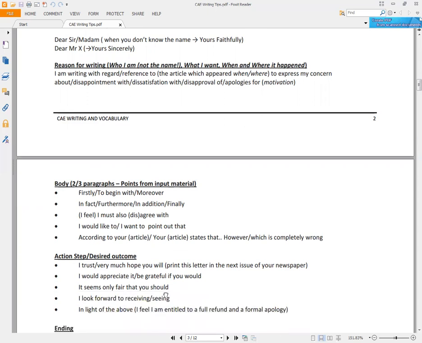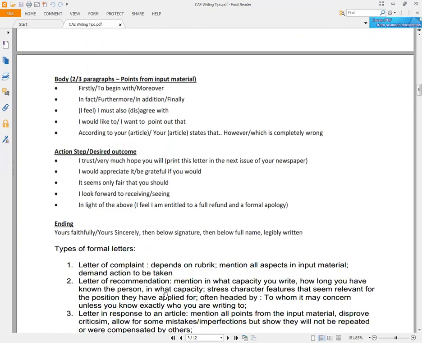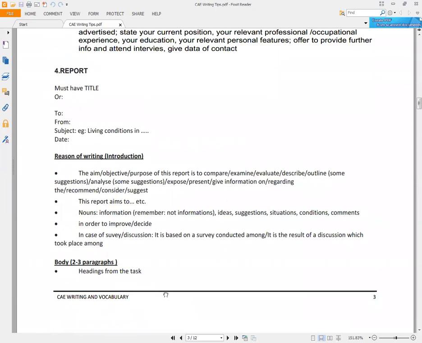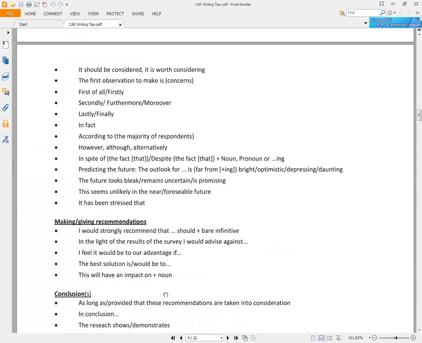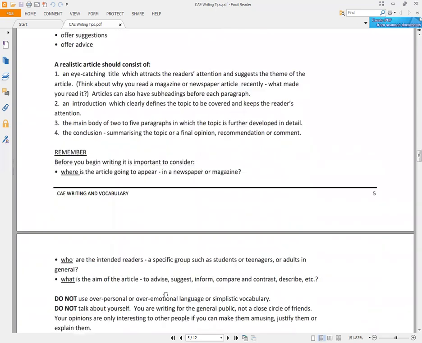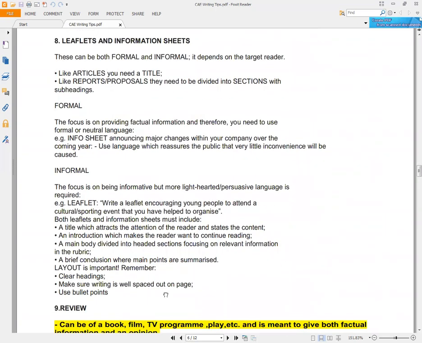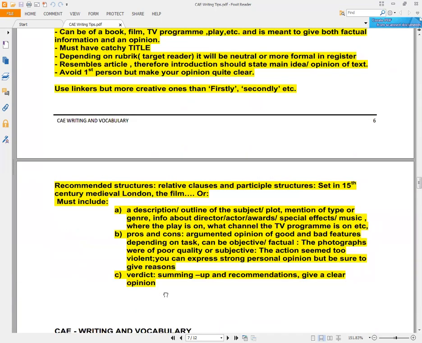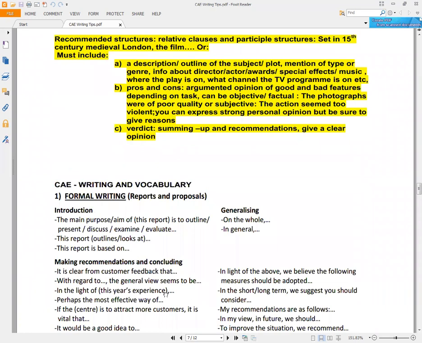It has completely different ways from the informal letter. And through our coming sessions, inshallah, you will know how to write a report and its characteristics, a proposal, an article, and every kind of writing has its own characteristics, points of view, and so on.